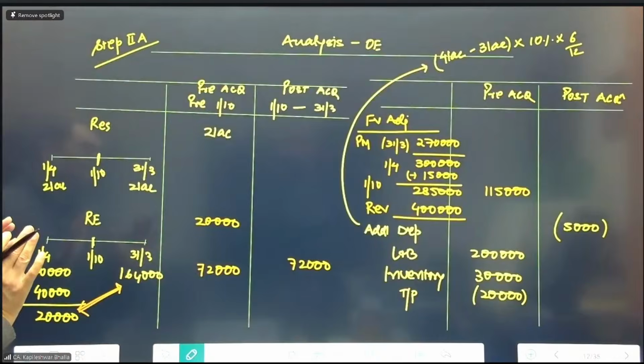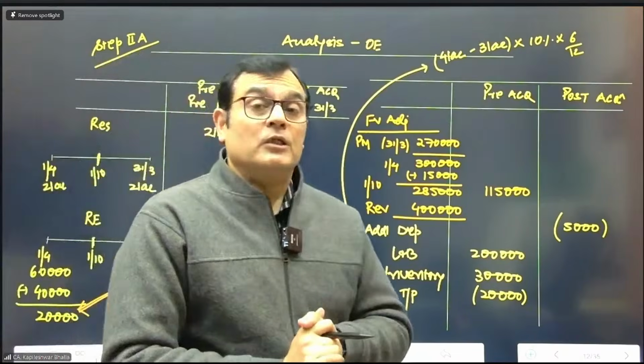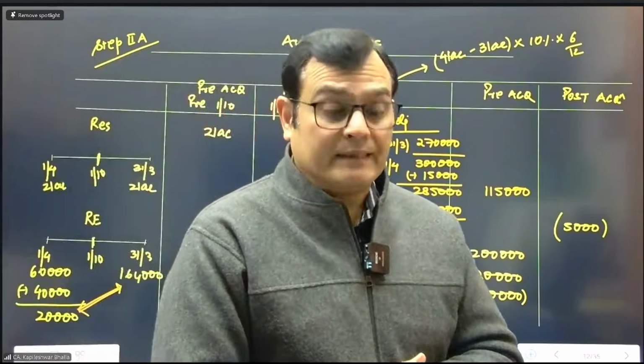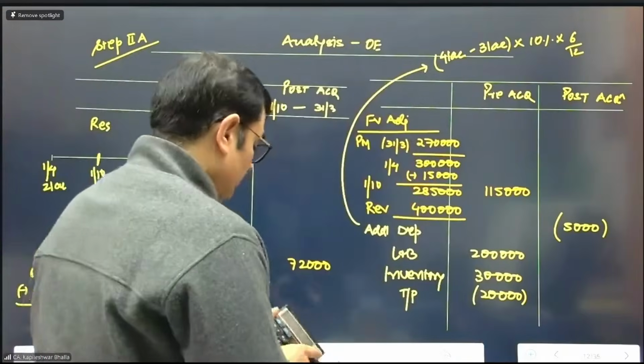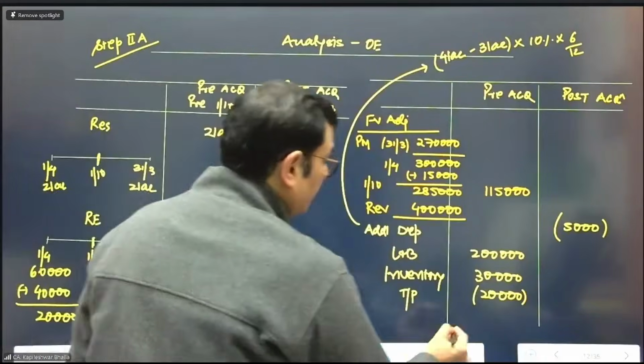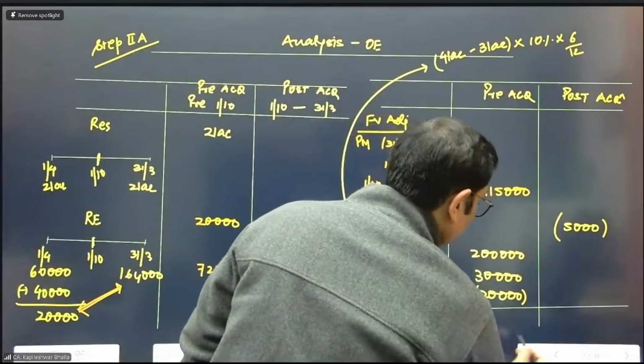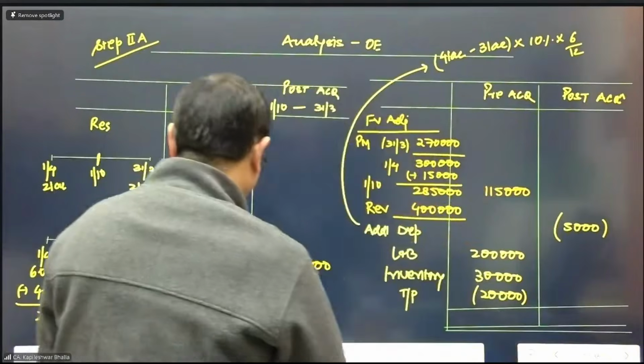So anything else in the analysis or are we sorted? I think we are sorted, right? We've taken the other equity in the balance sheet. We've taken the fair value adjustments. No stock reserve upstream is given in the question. So I think we can comfortably get the pre and the post acquisition profits.